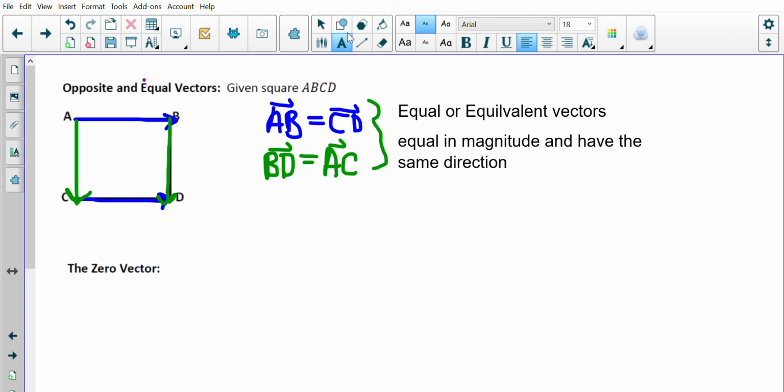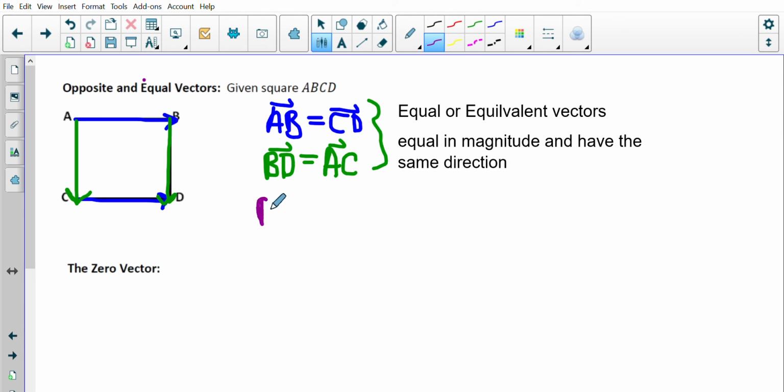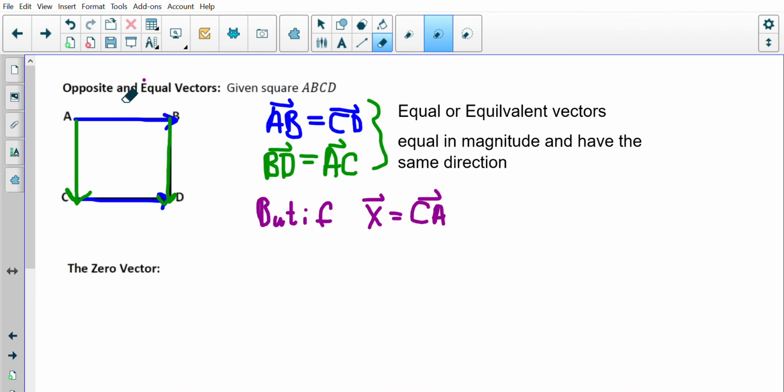Now, opposite vectors, when I'm thinking about those, is if I compare, say vector x is equal to CA, which again, I'm going to erase my blue and green lines here.